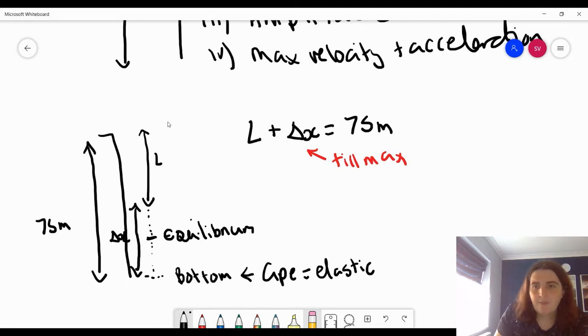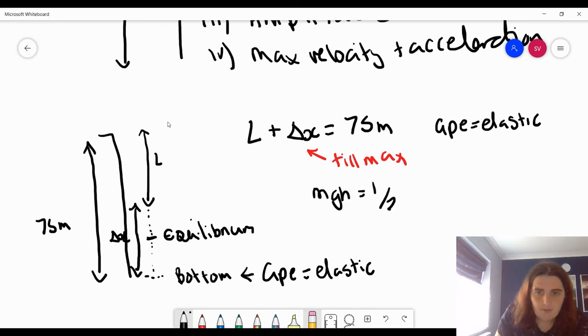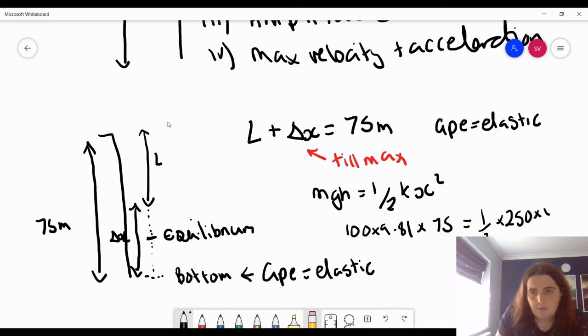So I have GPE equals elastic. So mgh equals a half kx squared. So 100 times 9.81 times 75 equals a half times 250 times x squared, sorry, I was getting carried away.